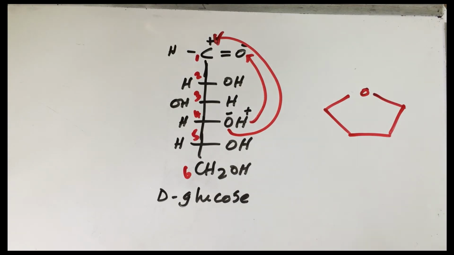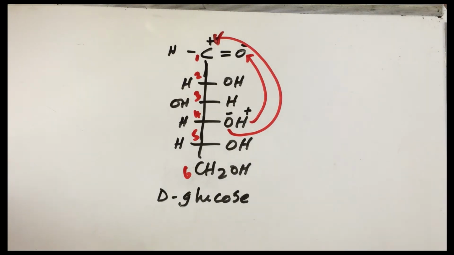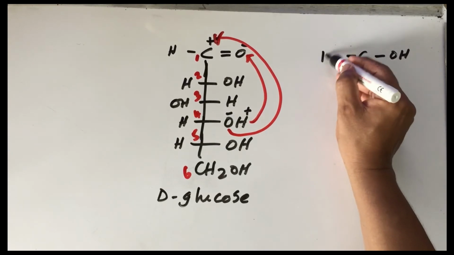So it is a 5 membered ring structure. Before we write the furanose ring structure, let us try to write the structure in the alpha and the beta conformation. We'll use the black ink. This will be CHO, and this is hydrogen.